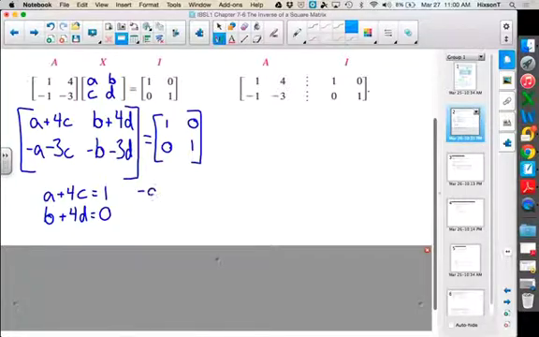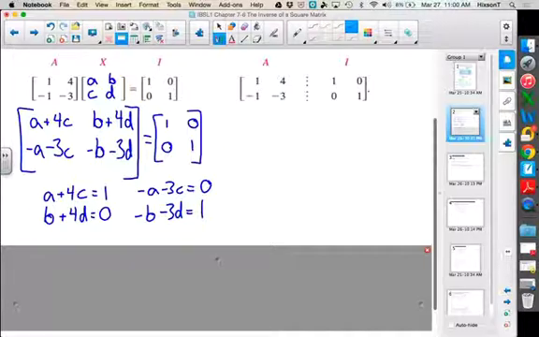Okay, negative A minus 3C has to equal 0. And negative B minus 3D has to equal 1. Okay? So now I have a system of 4 equations with 4 unknowns, okay, that I can solve.